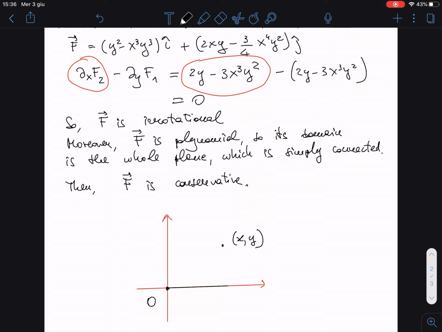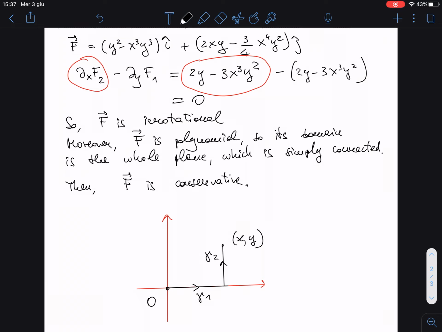This is gamma, which is made of two sides. This is gamma 1. This is gamma 2.